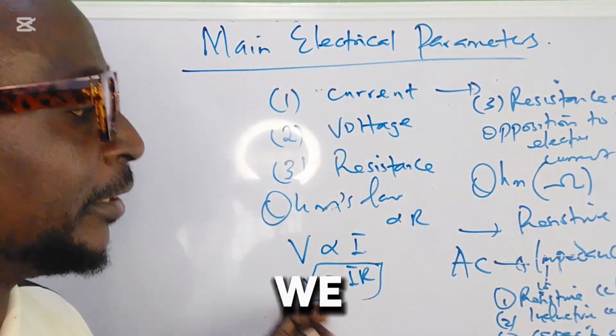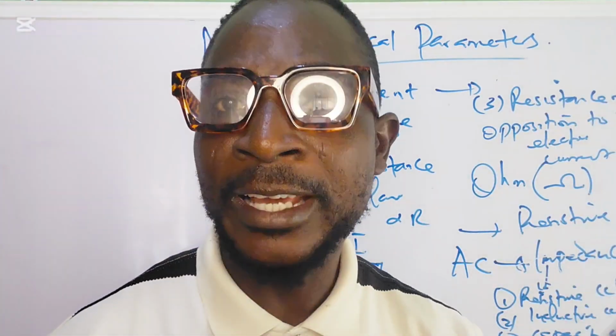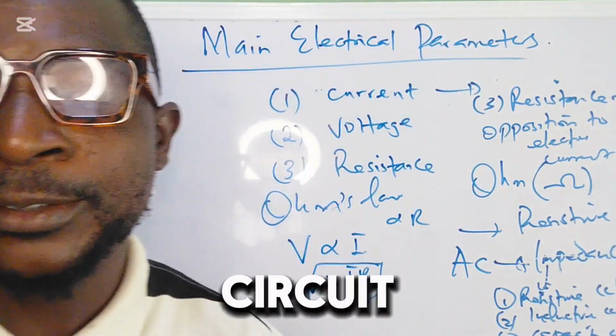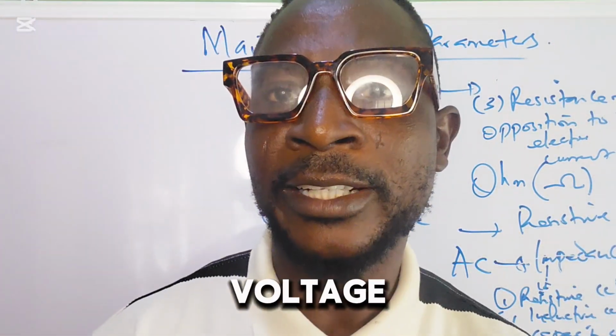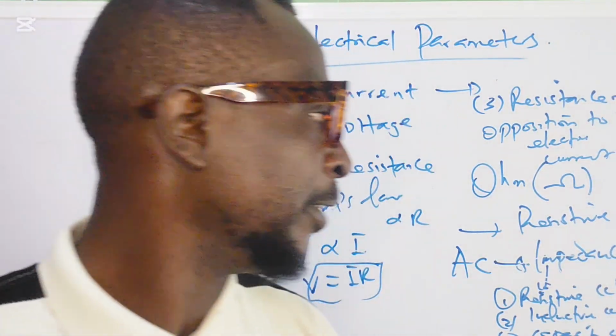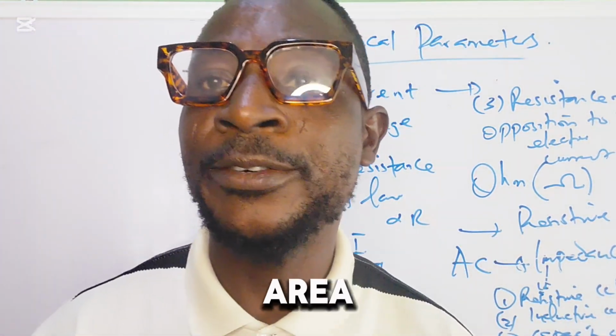Please, anything we discuss here, you have to take note of all the important points. They are very, very important. Like the open circuit voltage, the short circuit current, the voltage at maximum power, the current at maximum power, the relationship between current and the cross-sectional area of your cable.